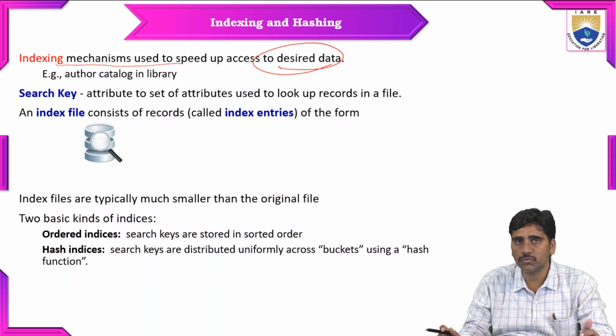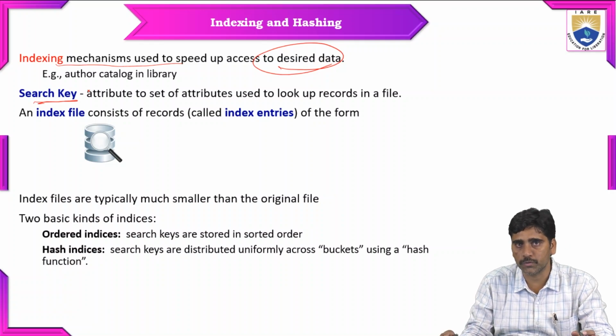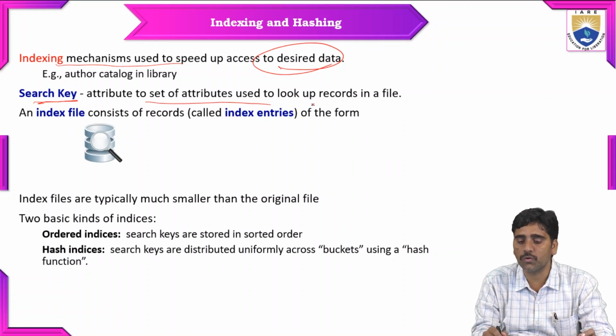To do that indexing, what is the main key for the searching process? Here the search key is one main attribute. The search key is an attribute or set of attributes used to look up records in a file.